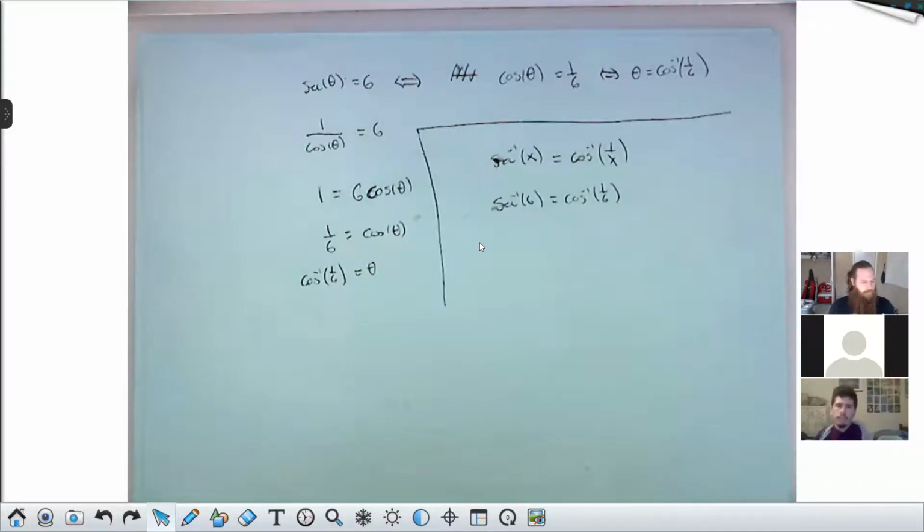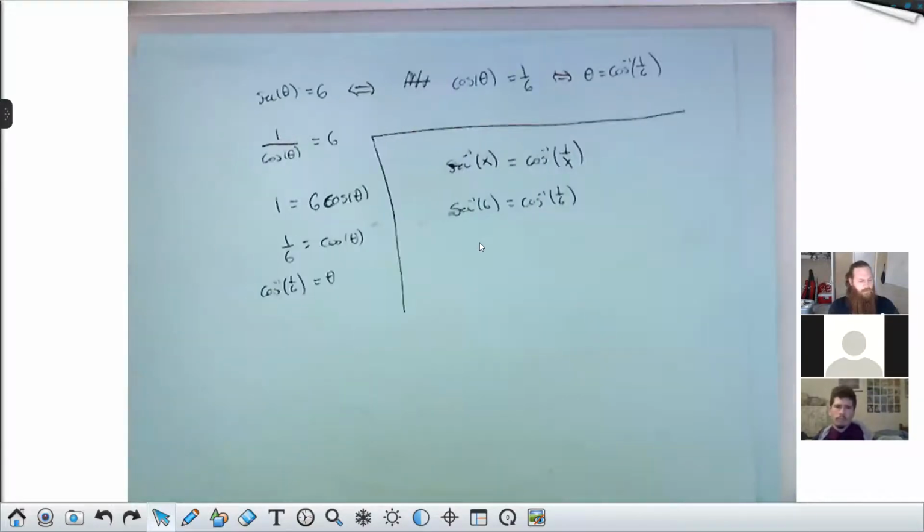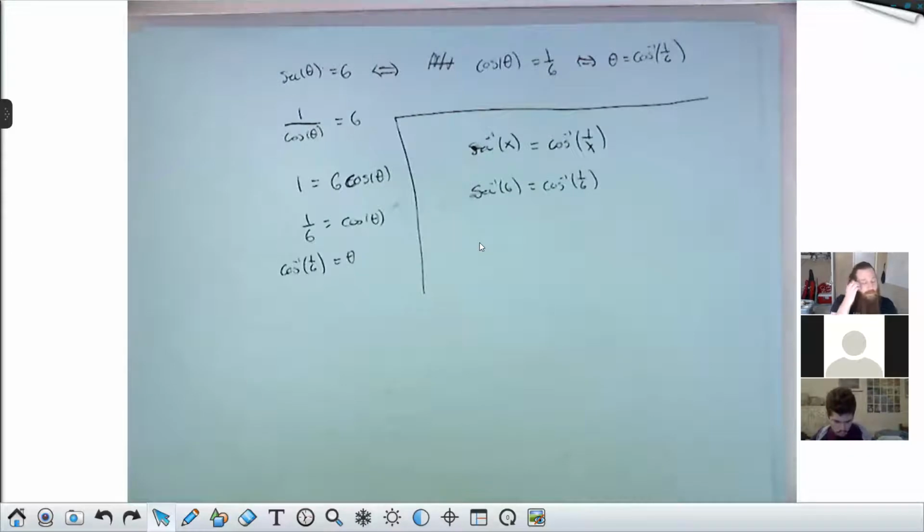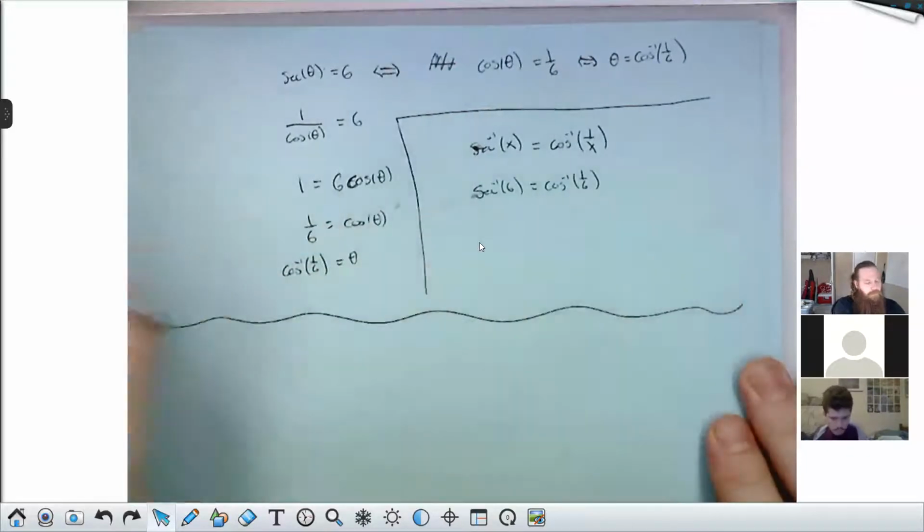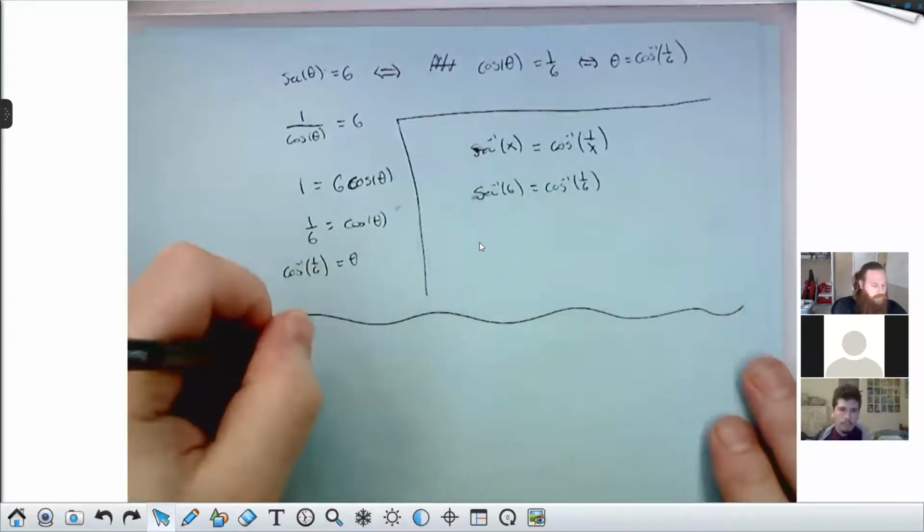Should we know secant inverse and stuff like that? If we don't know it, should we try to know it? I would say that at the very least you should be comfortable with the definition of the inverse secant function.